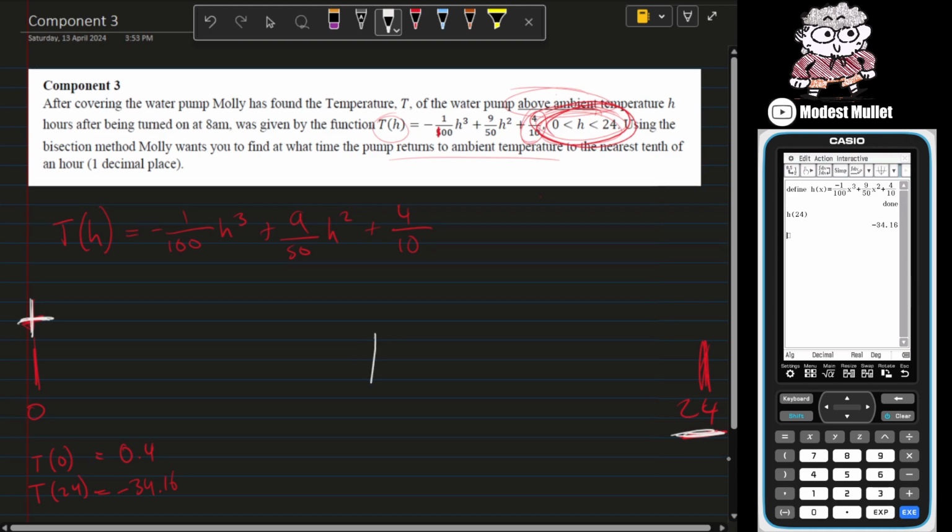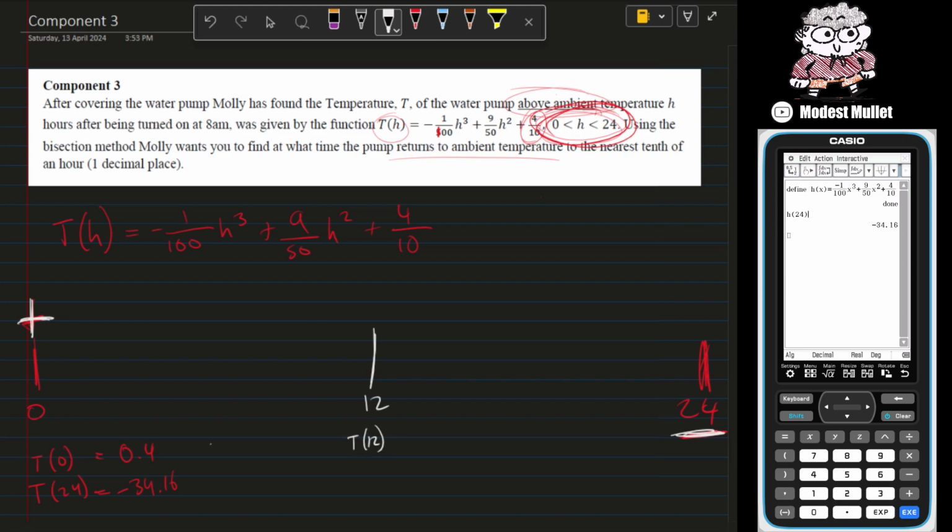So we want to split the bisection method. So we next want to check t of 12. I called it h, which is a silly thing to do since that's the actual x variable in our problem, but let's redefine that so we don't run into any more issues.